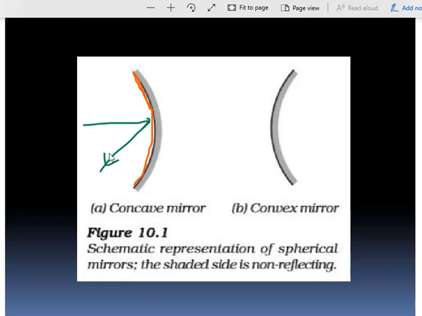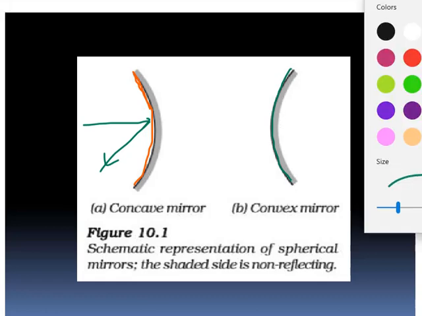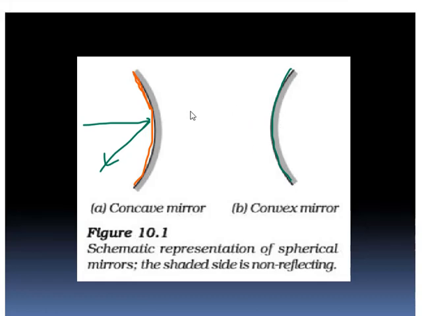So this is the concave mirror. In the case of the convex mirror, this is the reflecting surface that I am outlining. When the ray of light falls here, it gets reflected back. Now this is the concave mirror and this is the convex mirror.